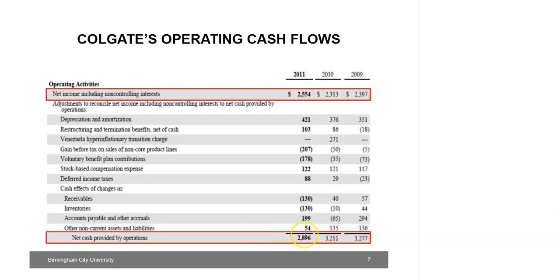We observe that the operating cash flows have declined in 2011 compared to 2010 and 2009. However, the management discussion and analysis explains that it is because of the increase in the voluntary benefit plan contribution in 2011.